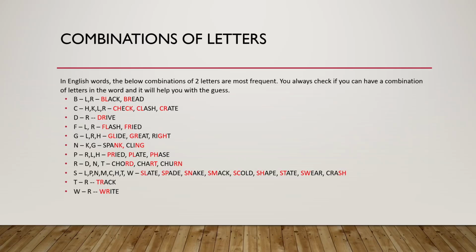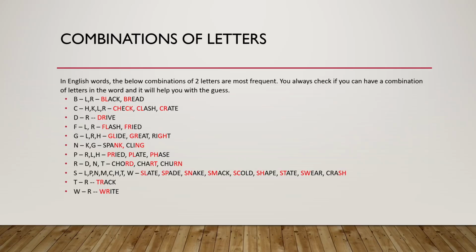D can combine with R, like drive. F combines with L and R, like flash, fright. G combines with L, R, H, like glide, great, right. N can combine with K and G, like spank, cling. P can combine with R, L, and H, as in pride, plate, phase.